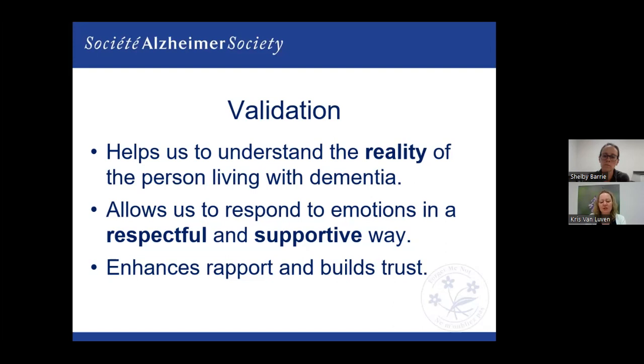Their perspective of the situation, combined with the emotions that they're feeling, are very real to them. They may also be responding in a particular way because there is an important need that's maybe not being met. When we use validation as a communication strategy, we're able to enhance rapport with the person, including trust, and have safety in the conversation. And we also provide an opportunity for the person to be successful in that communication as well.